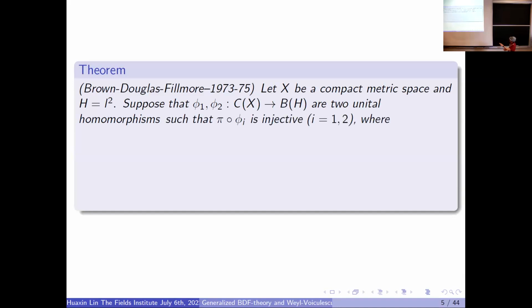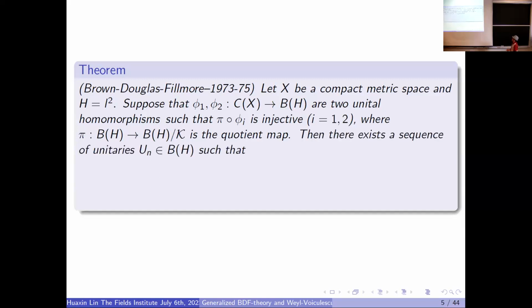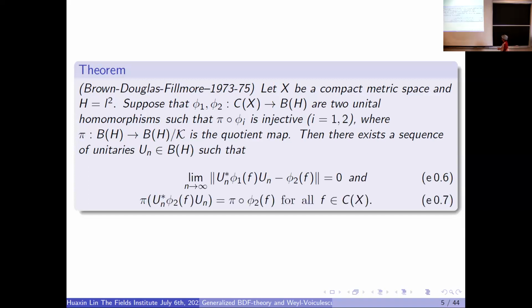We make sure that after you take the quotient, they are injective. Here pi is the quotient map. Then there exists a sequence of unitaries U_N such that these two maps are approximately unitarily equivalent, and the difference is compact. So in the quotient, they are actually unitarily equivalent.